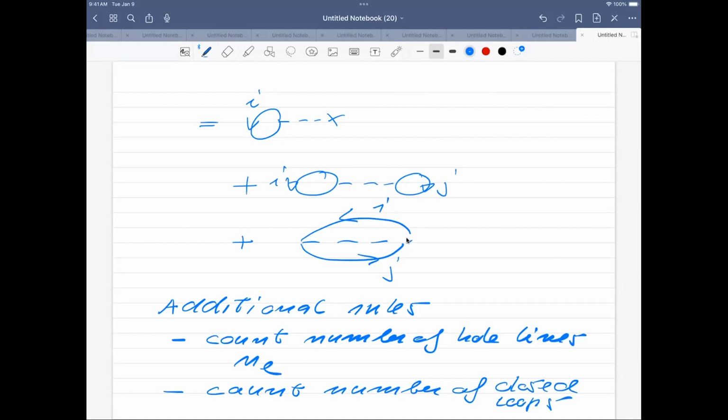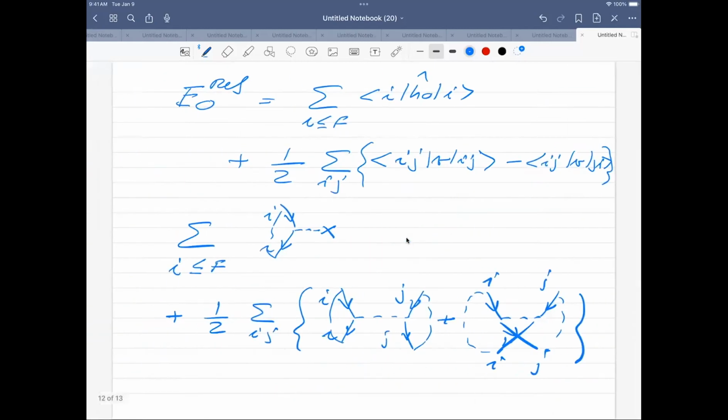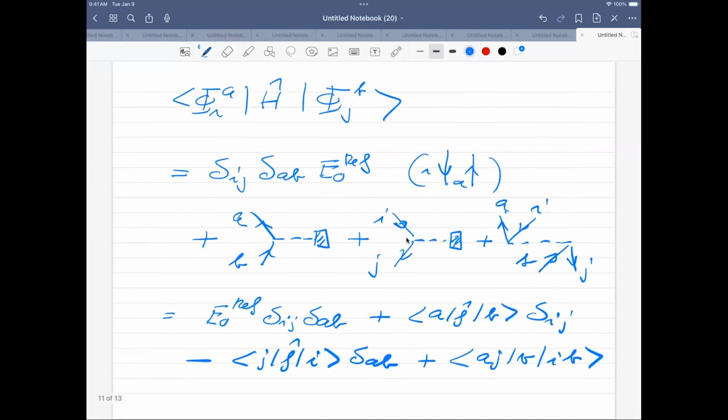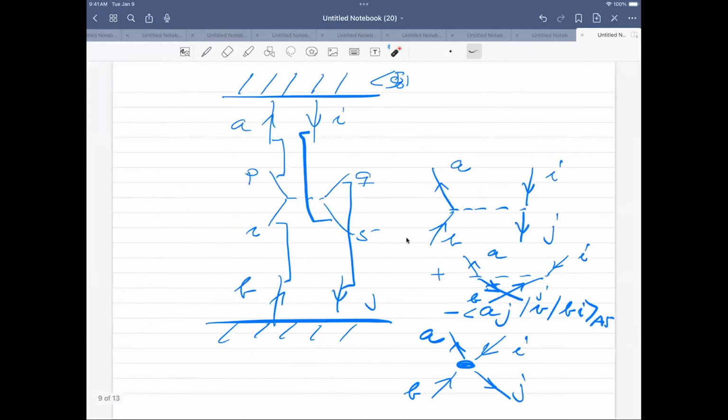And in case we have particle lines and hole lines in the diagram, then we actually need an additional rule which applies to a diagram like the one we saw here, and that's going to be given by the number of hole lines which go through the whole diagram. In this specific case, we don't have hole lines which go through the whole diagram, but if we rewrite it like this, we have a hole line here which goes through the whole diagram through the same vertex.